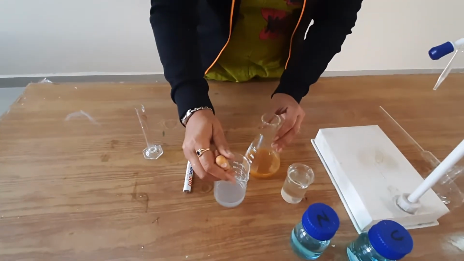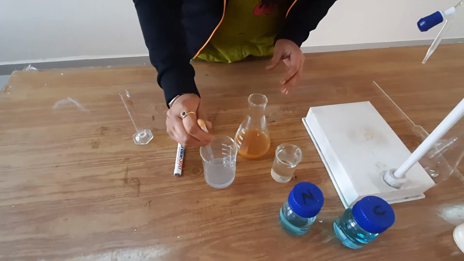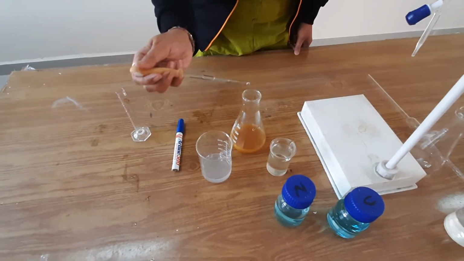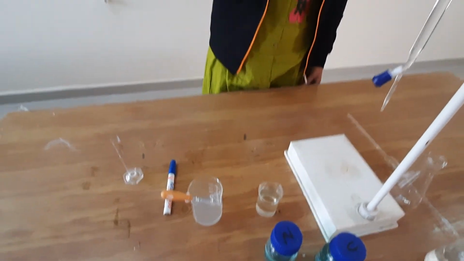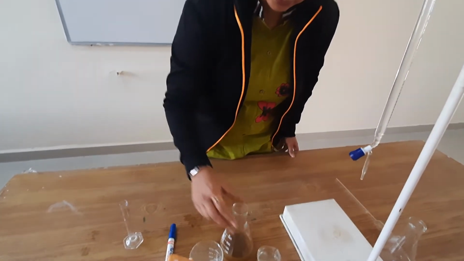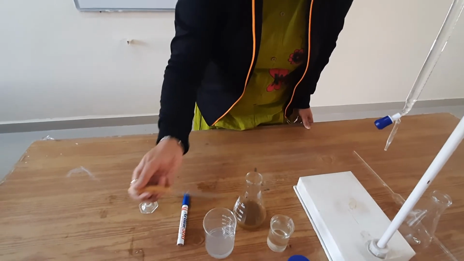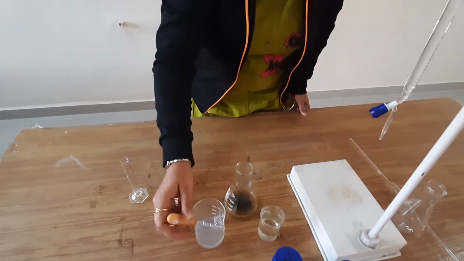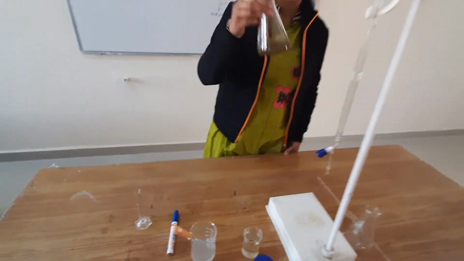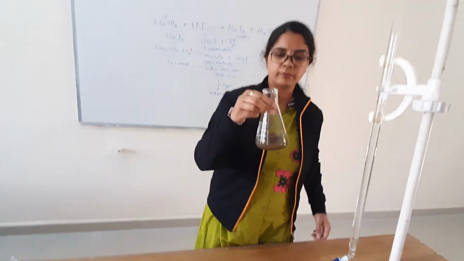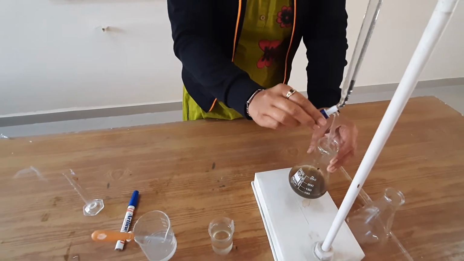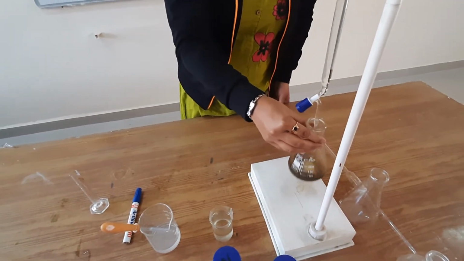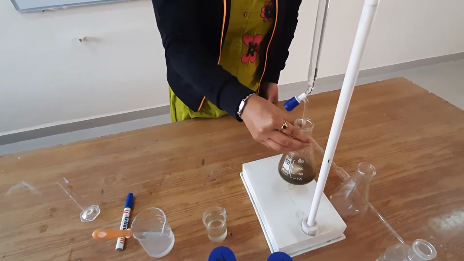At this point we have to add 2 to 3 drops of the indicator, starch. See, we got the bluish color. We can add some more since the yellow color is still there. See, we got the bluish color. Now again continue titrating against the hypo solution till the disappearance of the blue color.